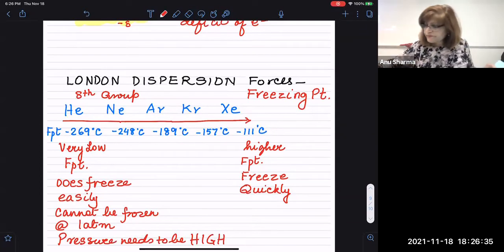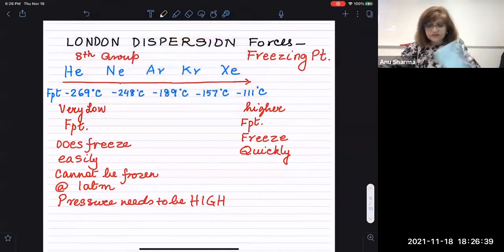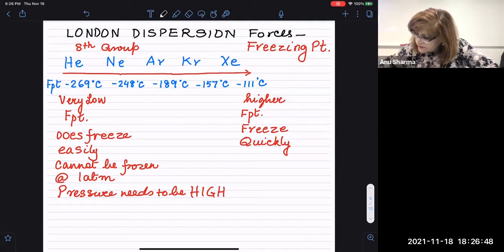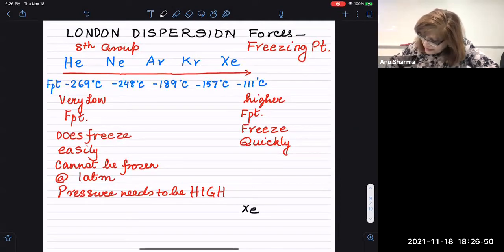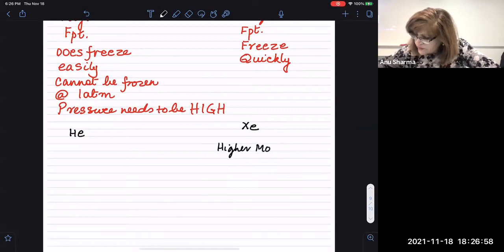What is happening? Many factors here. Look at this. First of all, the molar mass is increasing. So here, xenon versus helium and everything else in between, xenon has a higher molar mass.